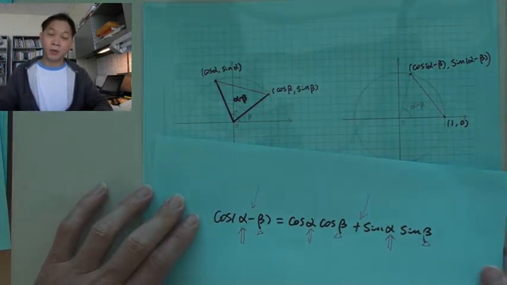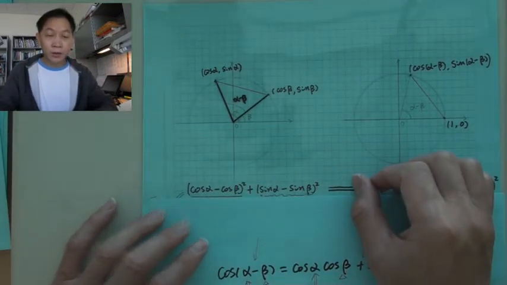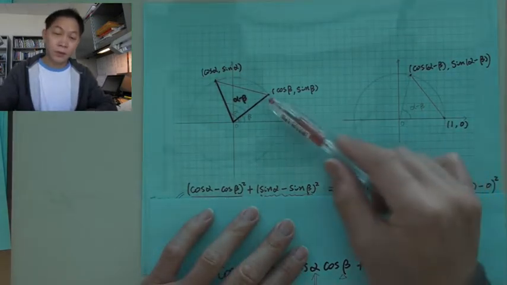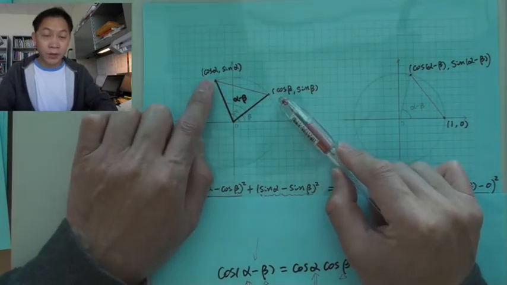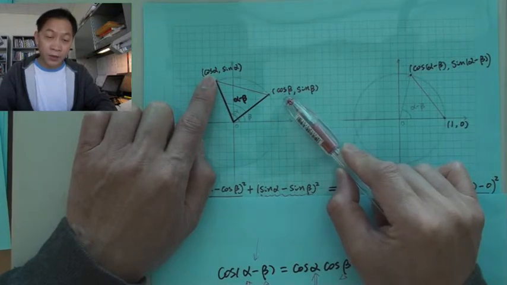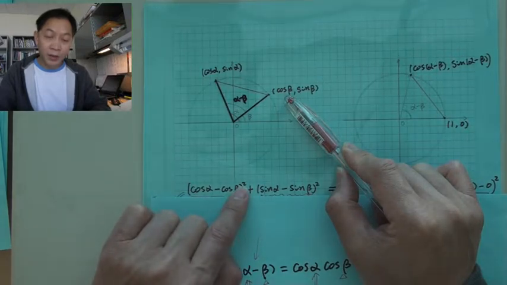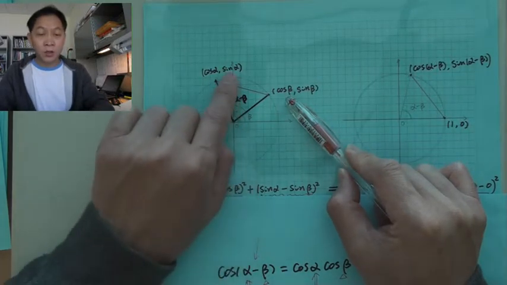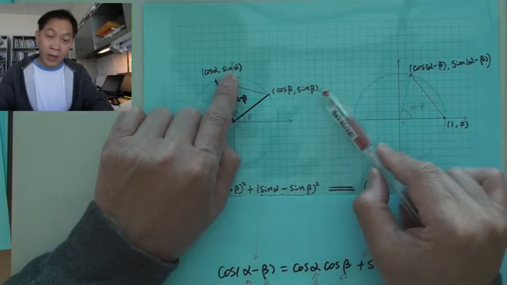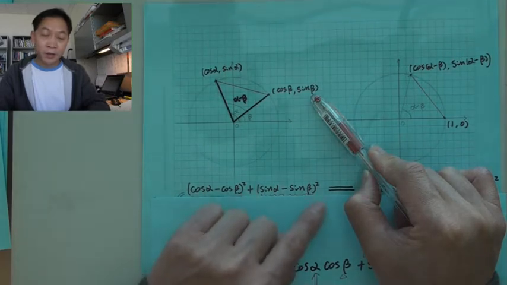The formula is down here. The distance between those two is this x coordinate cosine alpha minus this coordinate cosine beta squared plus the y coordinate sine alpha minus sine beta, and then squared.